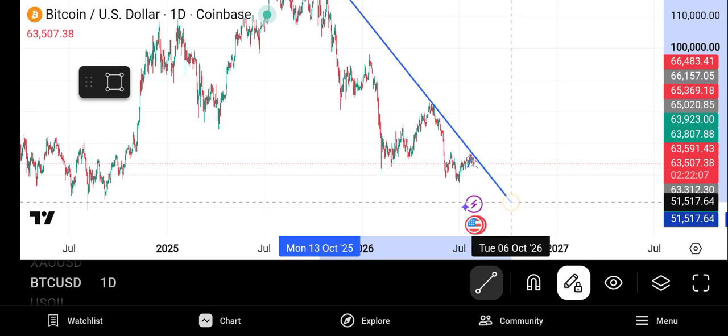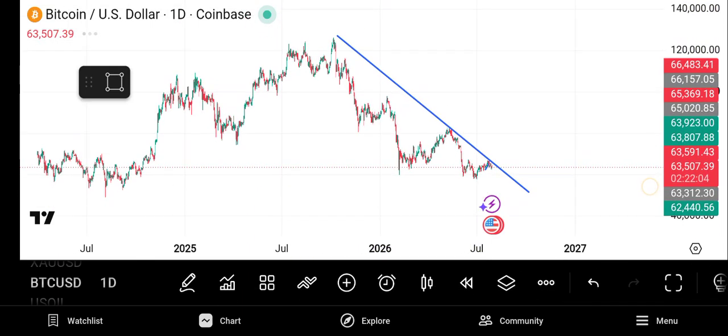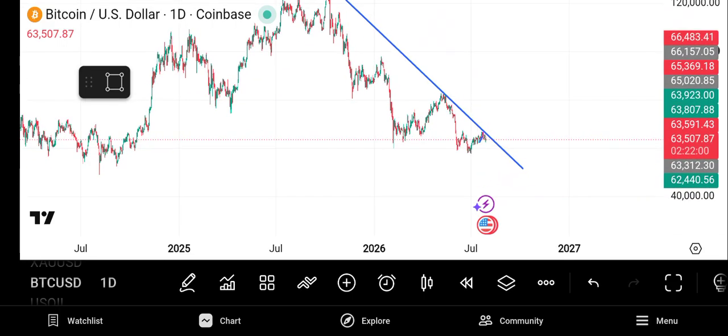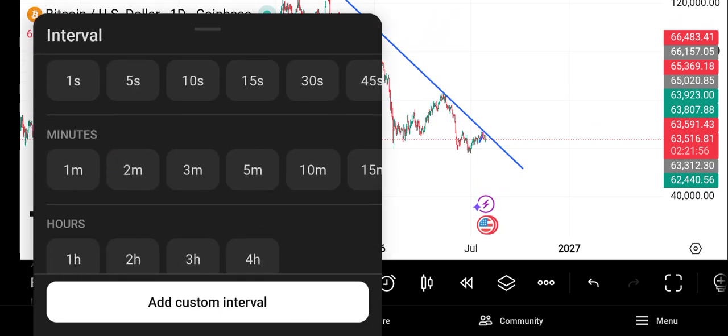The market has not broken above this trend line since BTC has been selling. It does not break this trend line, so the market went back to this trend line, and that's why the market is reversing from that zone.